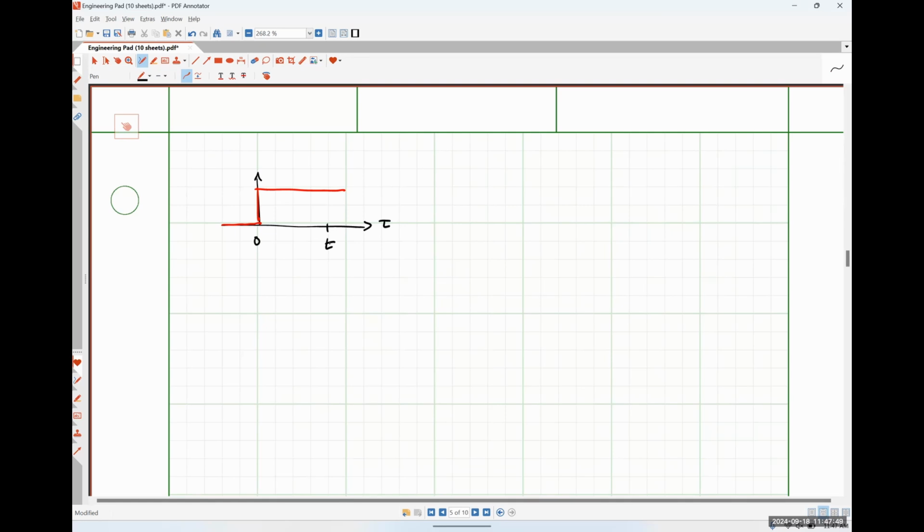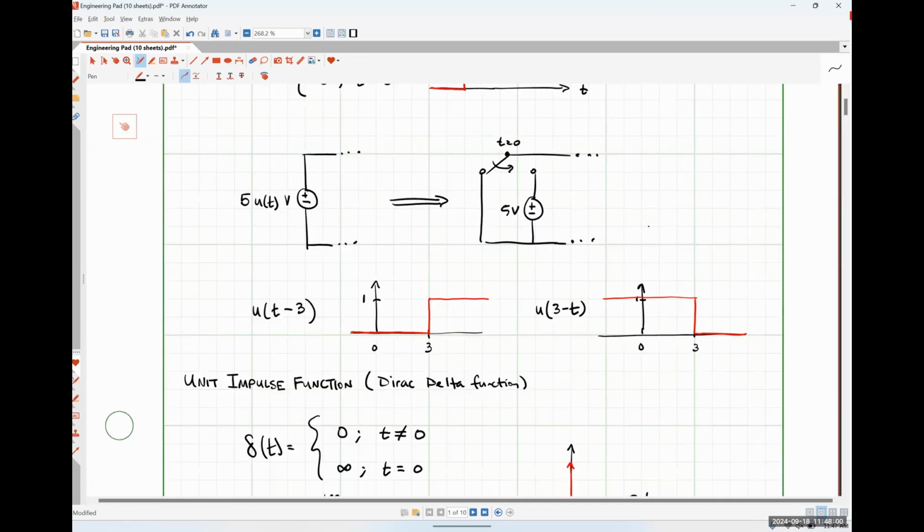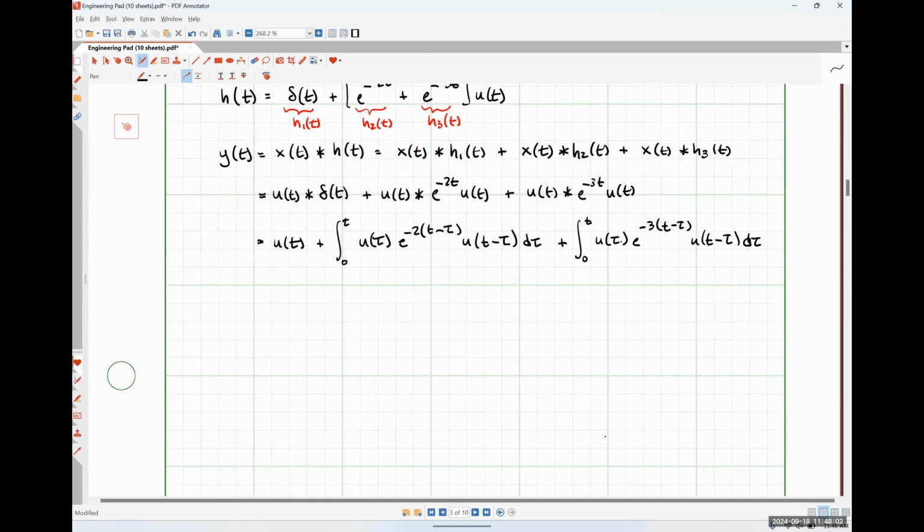What is the value of this function, for any value of t between 0 and infinity? So, I went too far. This guy right here is just 1, and this guy right here is also just 1.